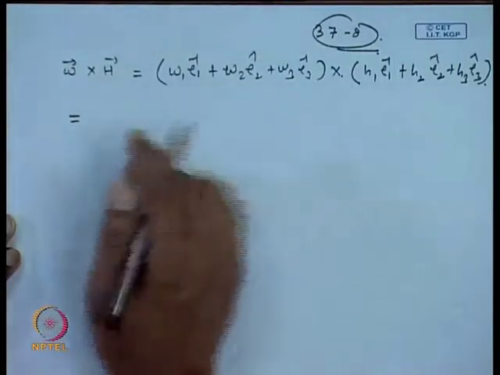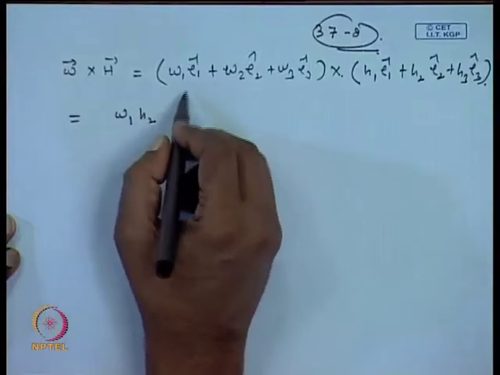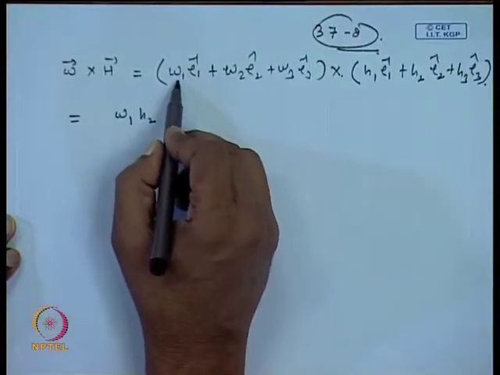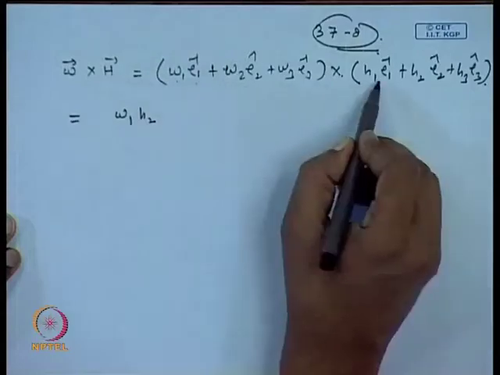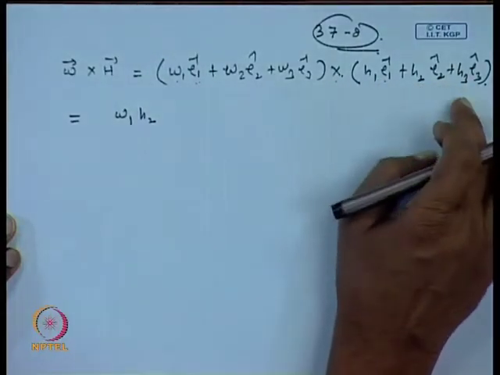Okay. Expanding this, we can rewrite them as omega 1 H 2. Once we take the cross product, the self term E 1 cross E 1 will vanish, and only the other two will exist.